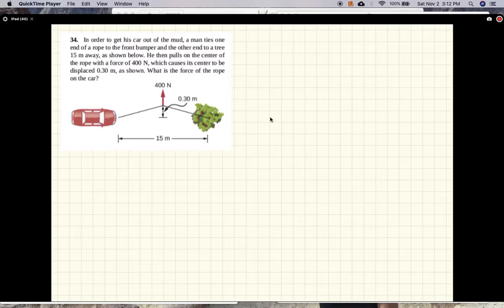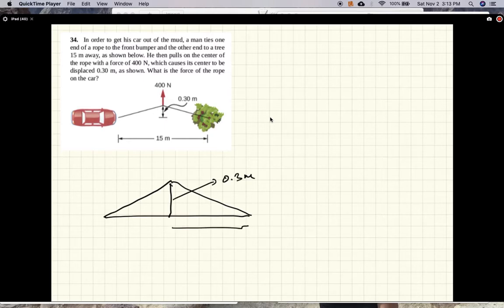Alright, so let me just draw this part. So there is the rope. So this dimension is 0.3 meters. This is 7.5 meters. Okay, so theta, which is equal to this theta, tan theta is 0.3 meters divided by 7.5 meters.